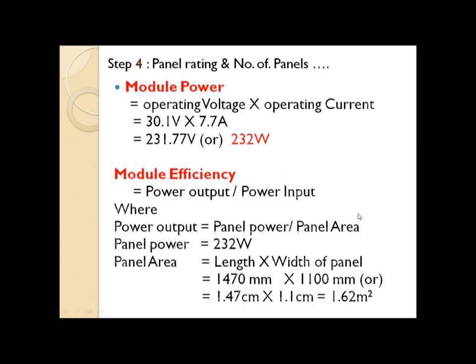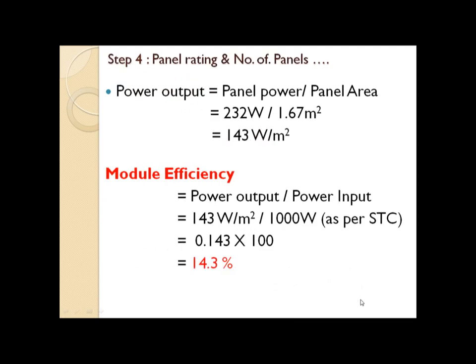Now look at the model efficiency, which is the power output divided by the power input. The output power is nothing but panel power over panel area. The panel power is 232 watt as per the model power calculation, and the area is 1470 mm times 1100 mm, which gives 1.62 square meter.